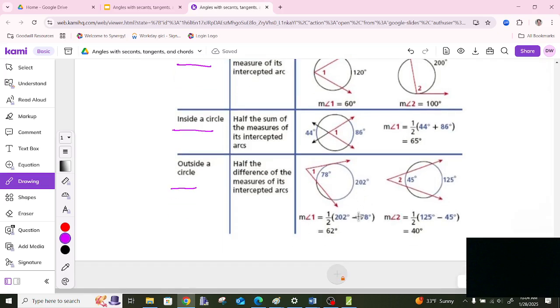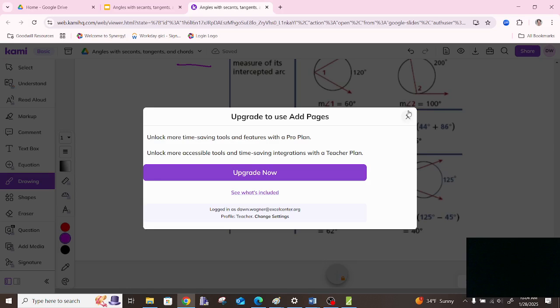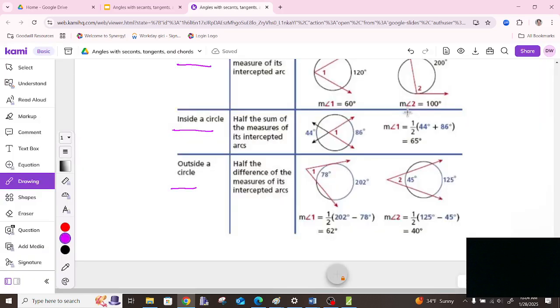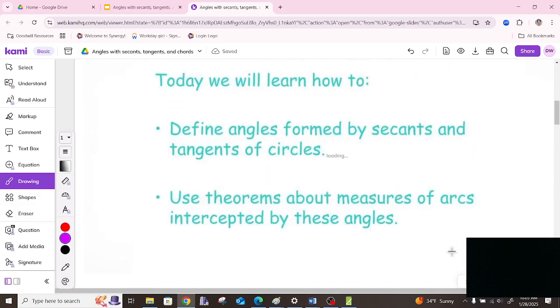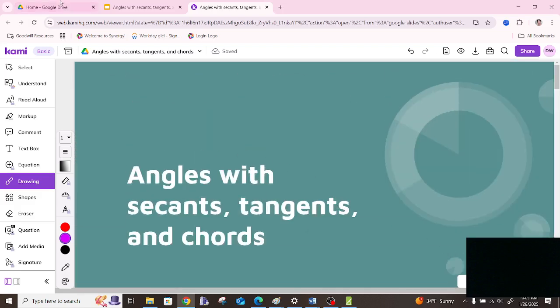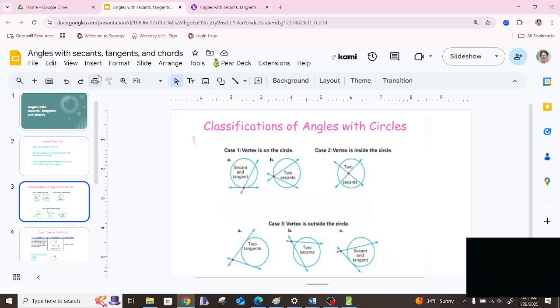Let's try to figure, oh, why is this locked? Add more pages. Oh, look at that, now they're making me, because remember I was on a trial. I guess you're only allowed a couple pages, and to get the whole thing they're going to make me pay for it.